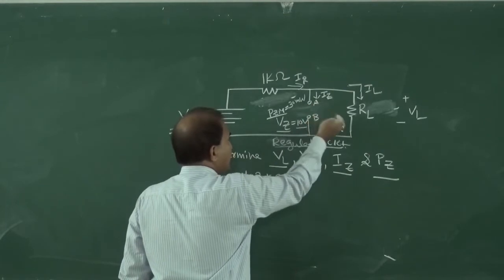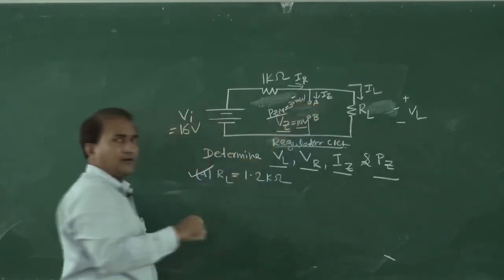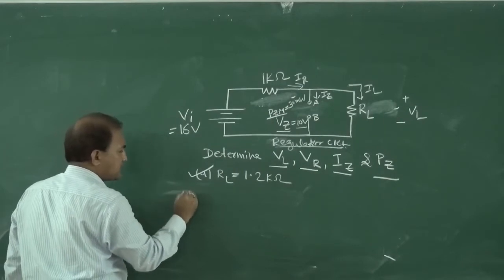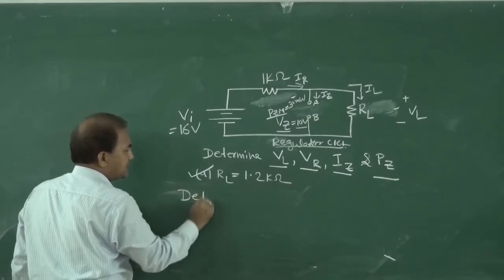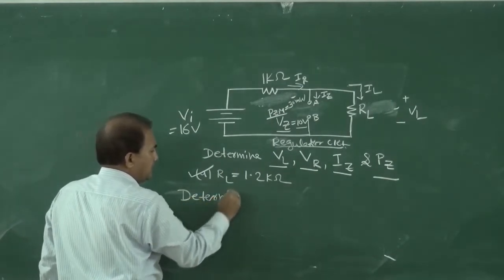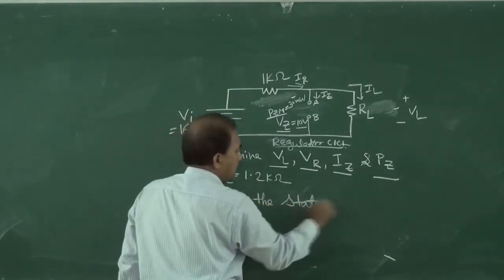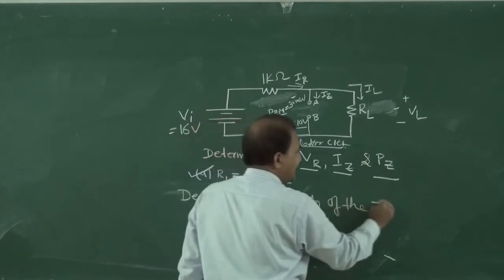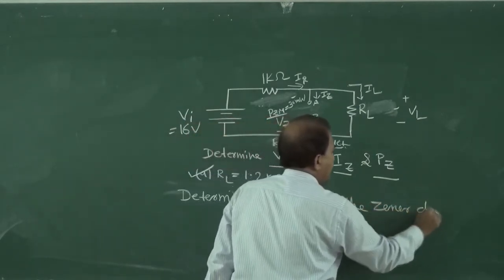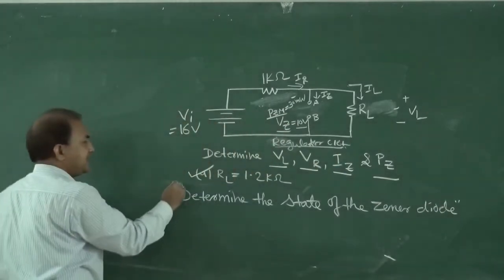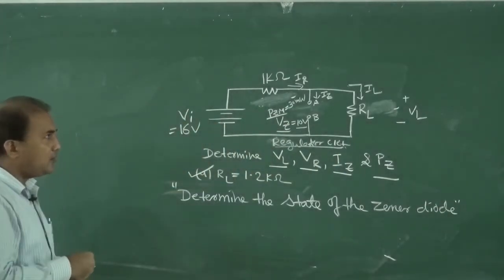Then only we can determine the state. So first of all, we have to determine the state of the Zener diode. So how can this be achieved? How can the state of the Zener diode be known?